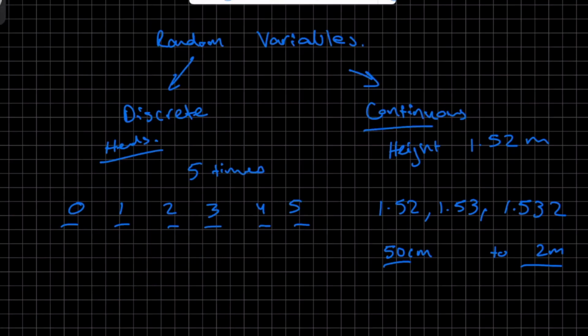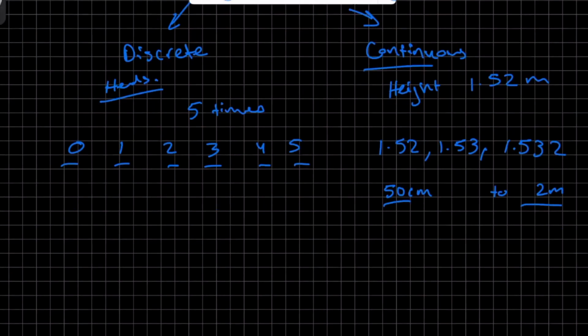Now, this is very important to consider when we start looking at our discrete probability distributions. What we normally use is a probability mass function, which gives the probability that a discrete random variable equals a specific value.